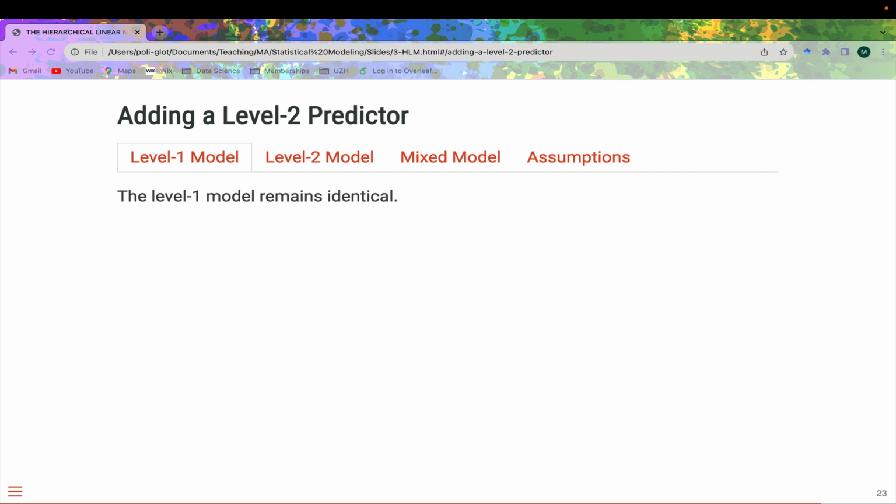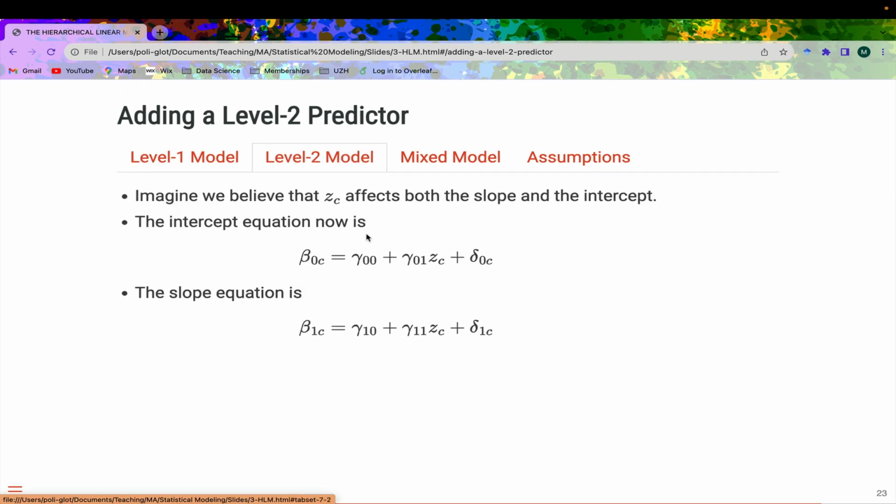Now we don't have to do anything to the level 1 model relative to the random coefficient model. What we do have to change is the level 2 model.